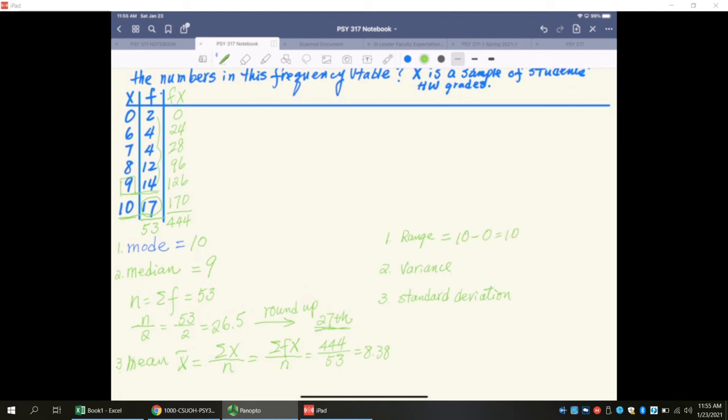And variance, remember we say this is a sample of students. So we are calculating sample variance and sample standard deviation. Okay, so I'm going to write out the formula. Sample variance is sum of squares divided by n minus 1.